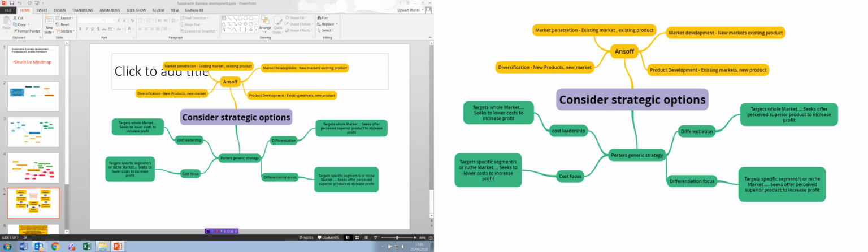Next, you will consider your strategic options. So I want you to look at Ansoff. You've got market penetration, diversification, product development, market development. I expect you to look at all four of those, give a brief explanation of what they are and how they would work with a real world application. And then also Porter's generic strategy.